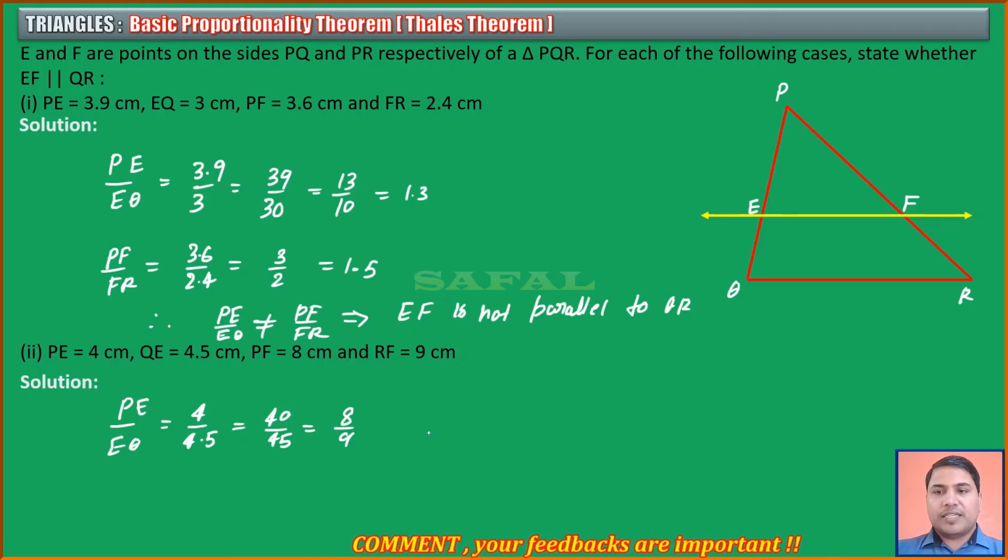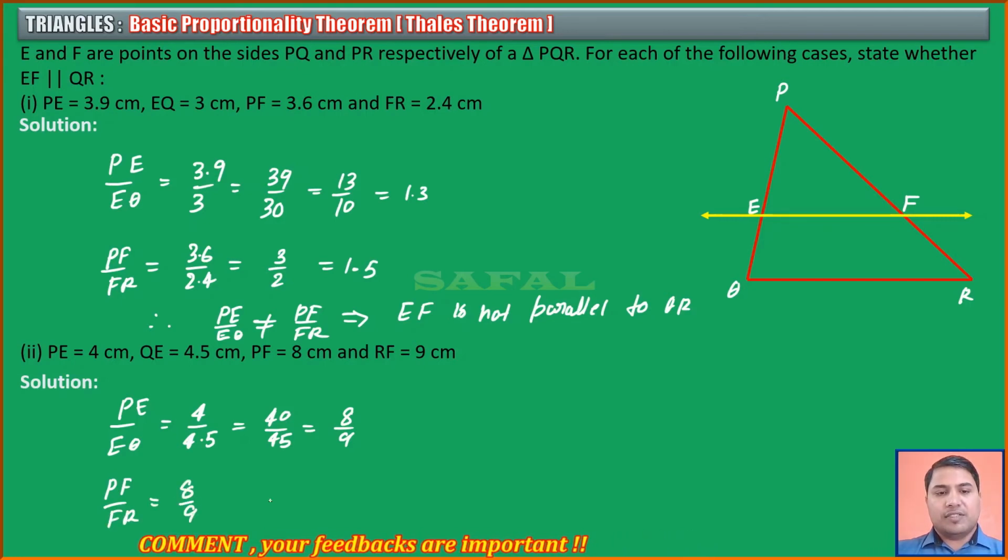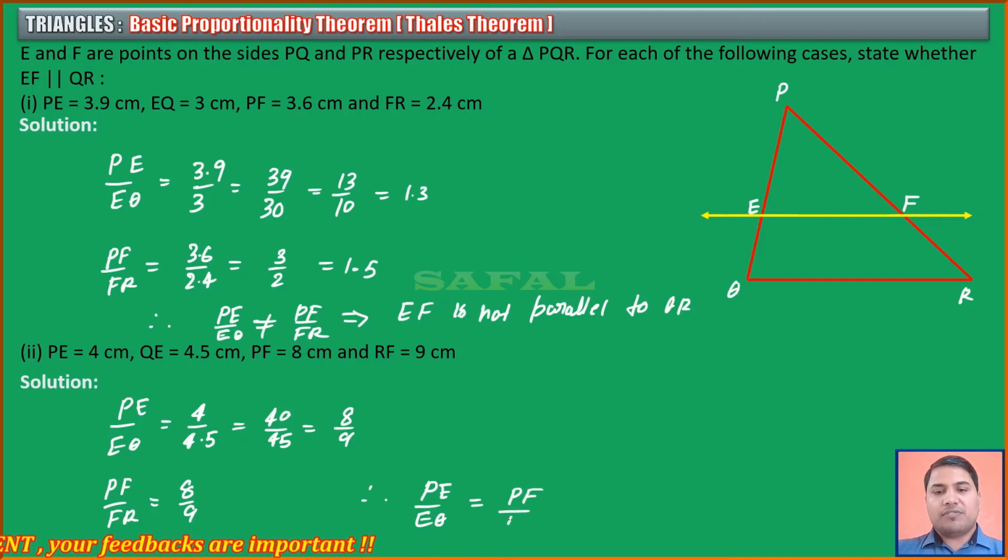Now the right hand side, I can see PF by FR. So PF by FR, that is 8 by 9 only. So here I'll write, since PE by EQ equals PF by FR, this implies EF parallel QR.